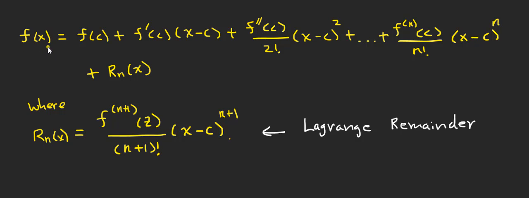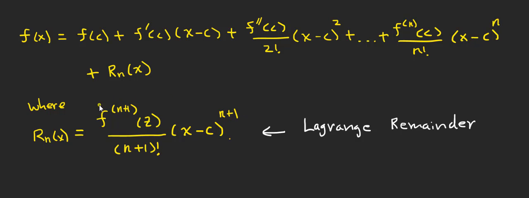So we have f of x equals f of c plus f prime of c times x minus c plus so forth. Note that this is the formula for the Taylor series centered at c, and then plus r sub n of x, which represents the remainder, where r sub n of x is equal to the n plus 1 derivative of f at z over quantity n plus 1 factorial times the quantity x minus c to the power of n plus 1.